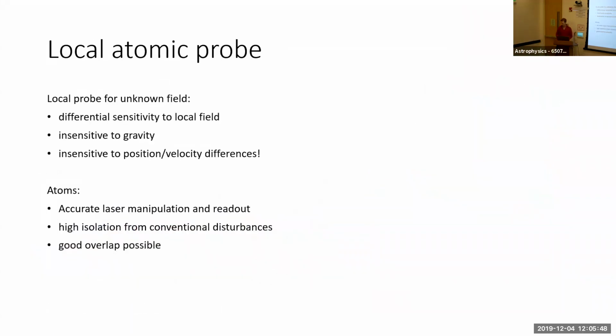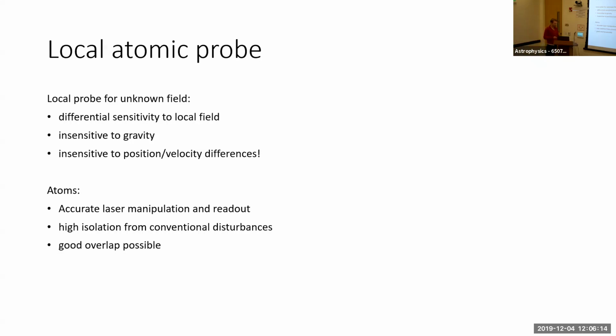Okay, so what we do with our experiment is we create a local probe. And this local probe, we hope, is sensitive to some local field, for instance, that we have not heard about yet, or that we have not detected yet. Another thing, obviously, if you do a local probe, you will be insensitive to gravity, which is, in a sense, a feature, because gravity can be a noise source.